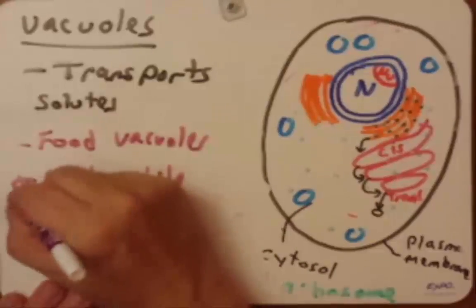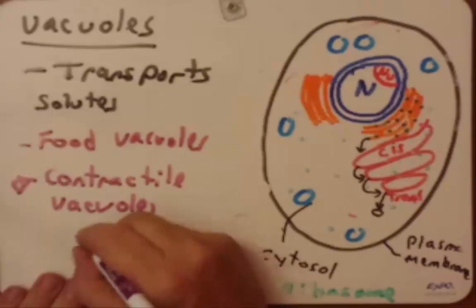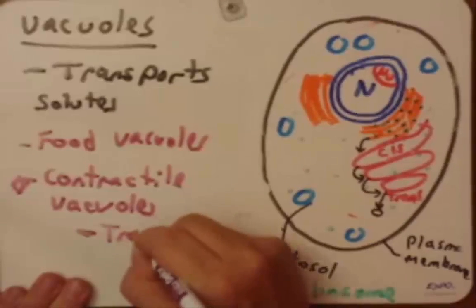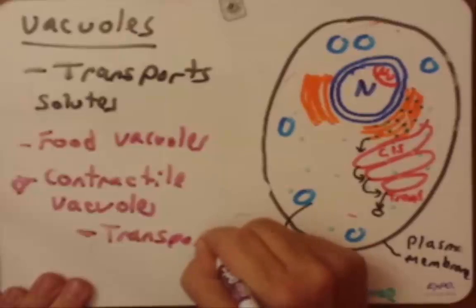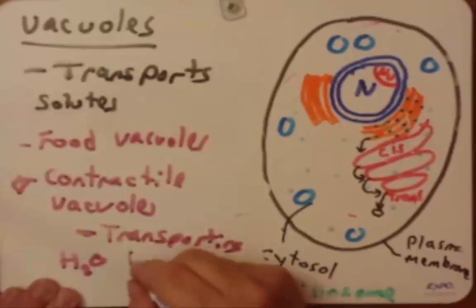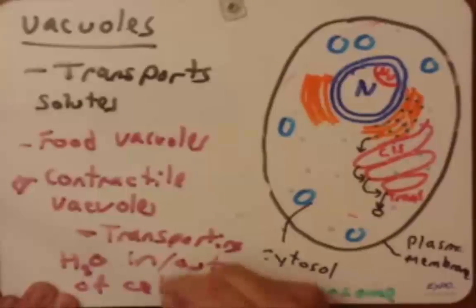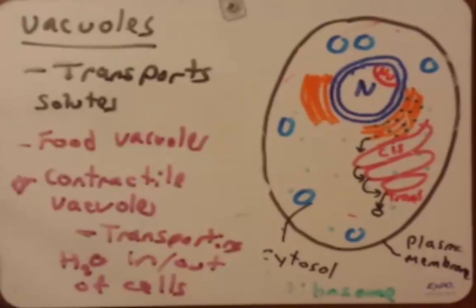These are the ones I really want you to know. The contractile vacuoles are important in transporting water in and out of the cell. This helps maintain a proper balance of ions within the cell.